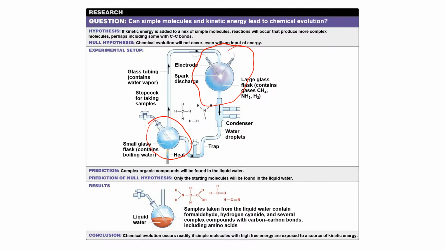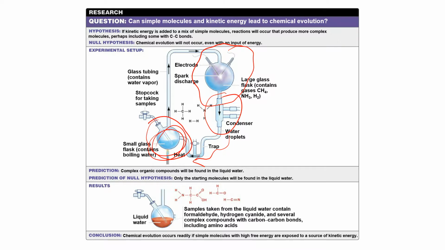As they're siphoned off, they get trapped and samples are removed. Here you have this condenser, so you go from the gaseous state back to the liquid. You have this liquid in this tube here, and it re-enters the flask.